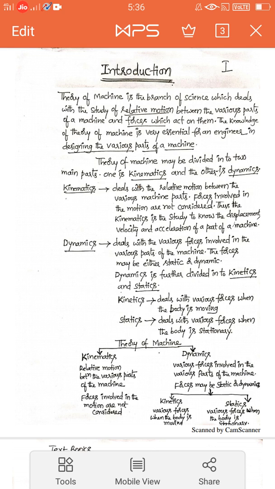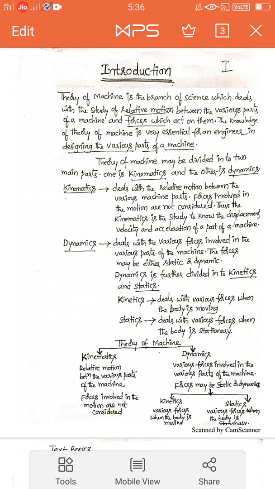Henceforth, after knowing the relative motion between the various parts of a machine in kinematics, we evaluate the displacement, velocity, and acceleration of each and every part of a machine.